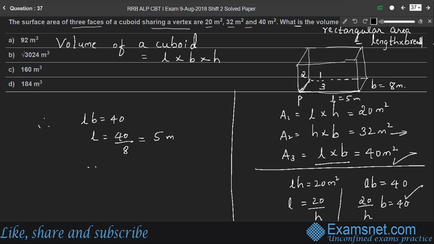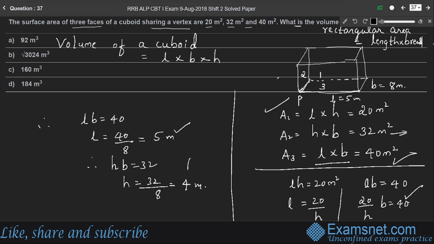Therefore, height into breadth is 32, or you can take the first equation also, length into height is 20. Height is equal to 32 by 8, which is 4 meter. Length is 5, breadth is 8, and height is 4.